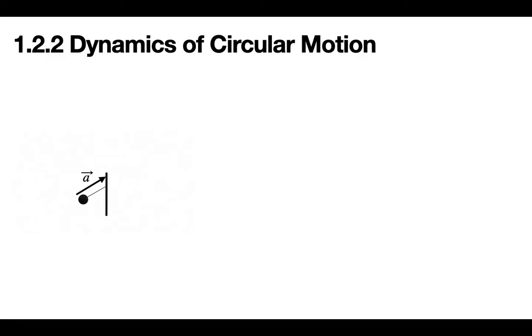Let's understand the dynamics of circular motion. You see in the animation a mass, you can call it a point mass, having mass m, tied to a massless string. We always say it's a massless string because if you consider the mass of the string itself, the dynamics changes completely and becomes complicated.